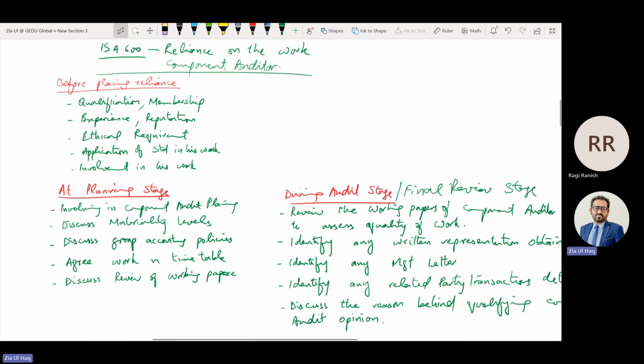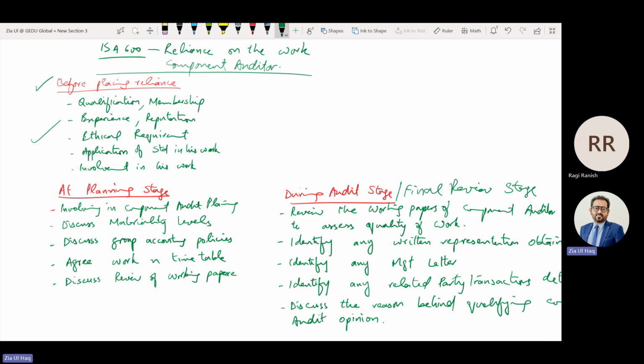Factors and procedures you will perform while placing reliance on the work of the component auditor. Factors mean this: before placing reliance, interpret them with the scenario.